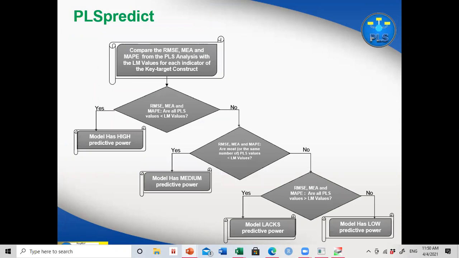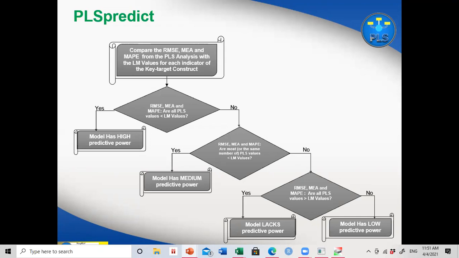According to this diagram, the first thing that we do is we compare the value of these prediction errors, RMSE, MAE, from the PLS analysis with LM. We compare the value of each indicator. When we compare, the next is we ask ourselves, are all the PLS values less than the LM?